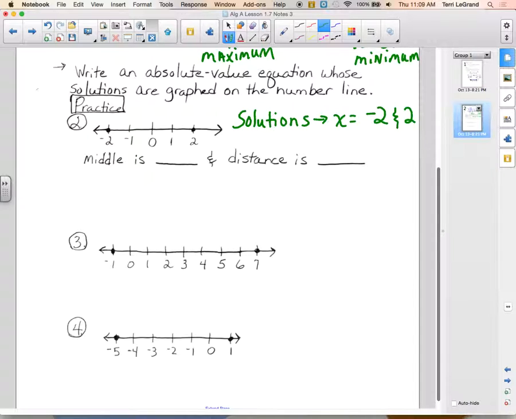That's why I wrote here middle is and distance is. What's the middle? 0, right in the middle. What's the distance from 0 to those ends? 2. So, can we write our equation? Sure can. What is it? X minus 0 equals 2. Okay, x minus 0 equals 2.